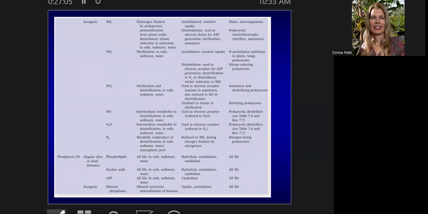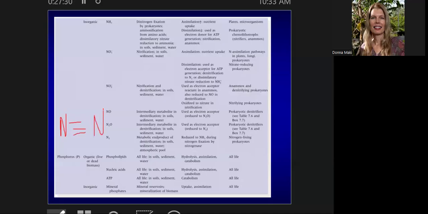But again, the prokaryotes, some of the fungi are capable of recycling those. We'll talk more about nitrogen fixing. So this is the idea of taking dinitrogen and breaking it down. That's a triple bond when you look at dinitrogen.